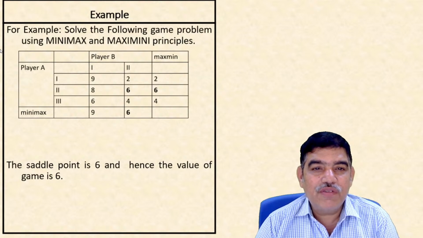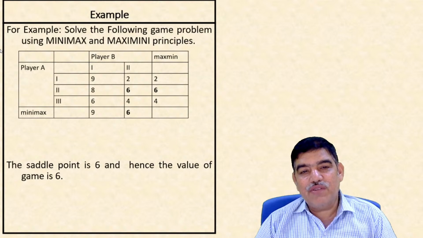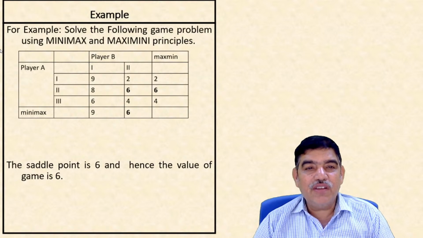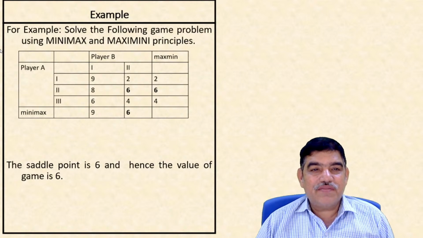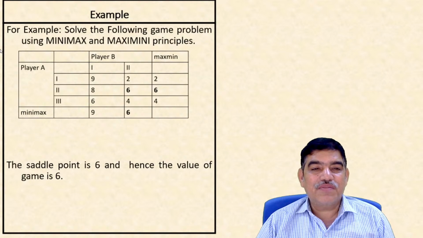So out of 2, 6, 4, which one is maximum value? 6 is the maximum value. So we have to find the minimum profit, and out of minimum profit we have to find the maximum value, meaning maximum profit. Similarly, for player B, strategy 1, we have to find the maximum loss.